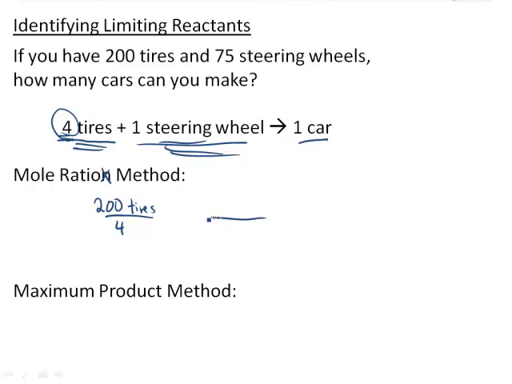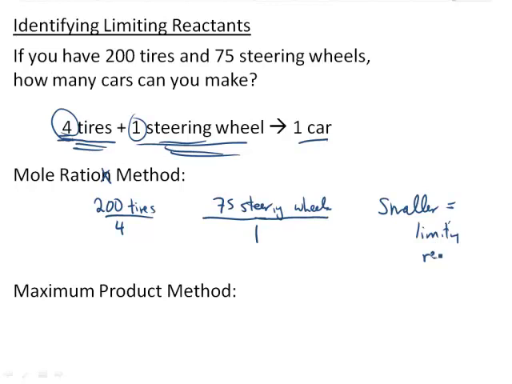And you compare that with 75 steering wheels, divided by 1 needed, because you only need 1 of those. And whichever of those is smaller is the limiting reactant. And that means as the reaction happens, that particular reactant will run out first.